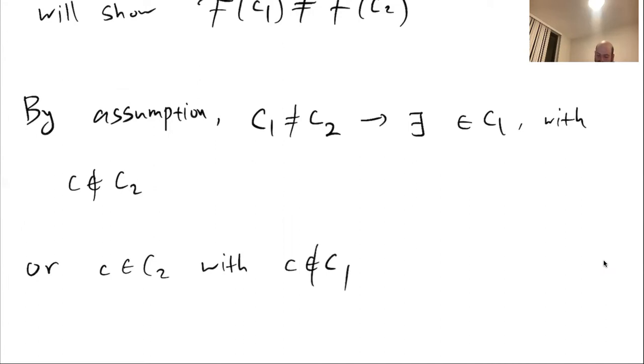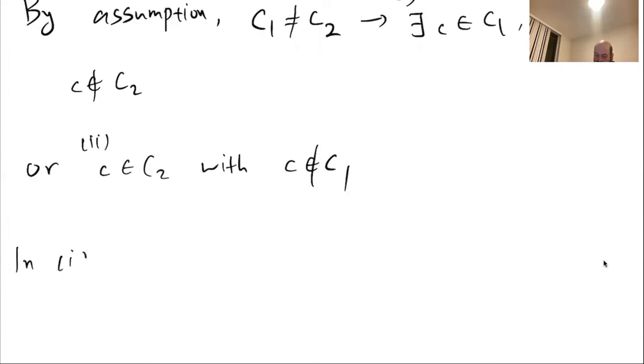One of these two will happen for sure. If two sets are not equal, either the first set is not a subset of the second, or the second set is not a subset of the first. So either I can find one element in the first set which is not in the second set, or one element in the second set which is not in the first set. So let's call this one possibility 1, and this one possibility 2.